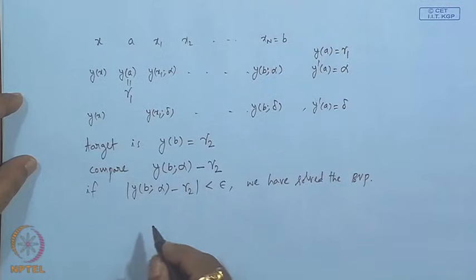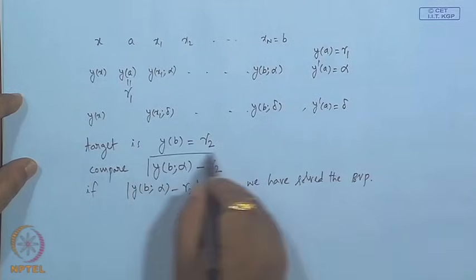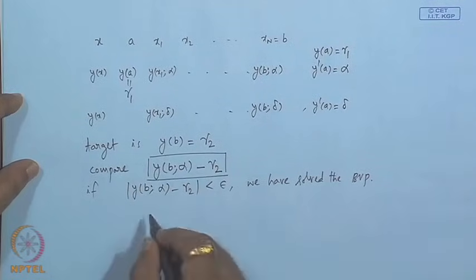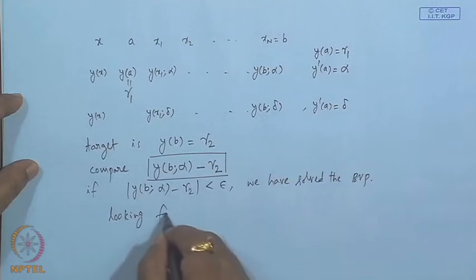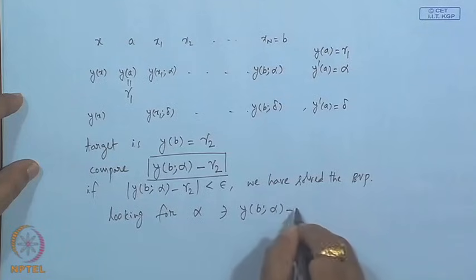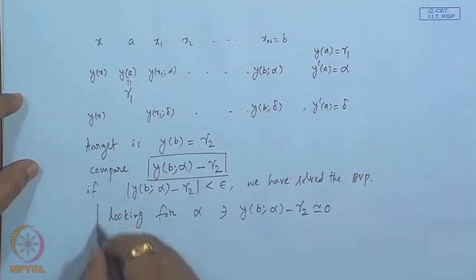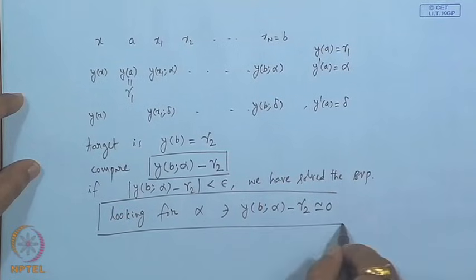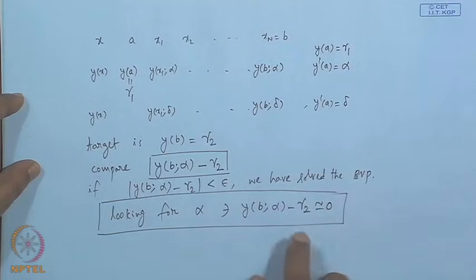So, what is our aim? This is what we are comparing, and the condition we are looking for is alpha such that this holds. So, this is what we are looking for.